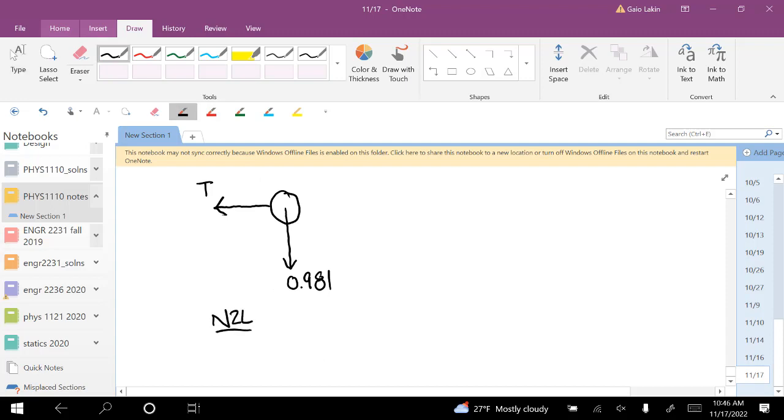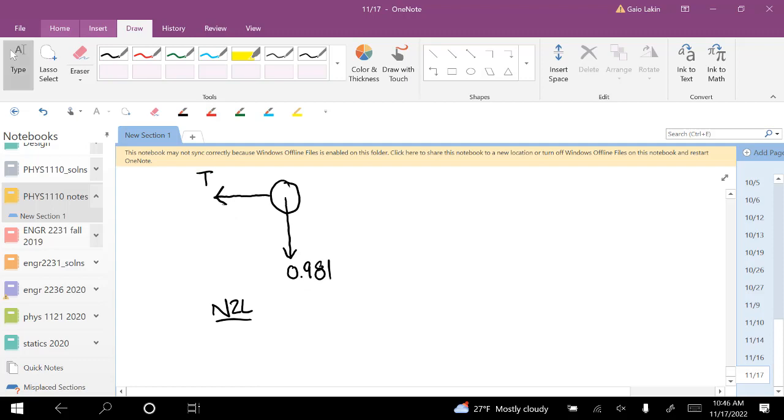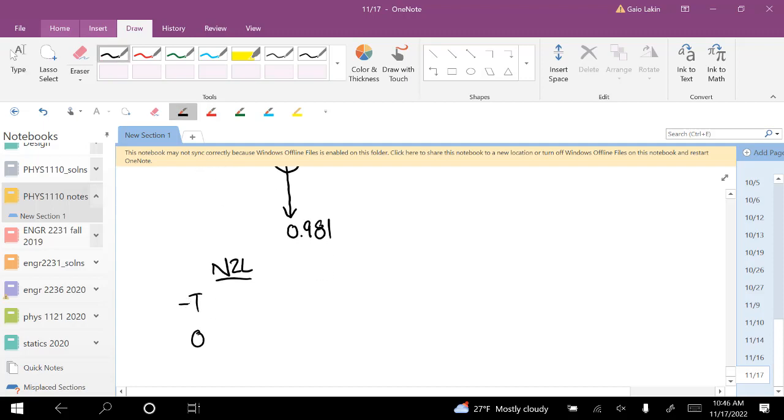So now go to Newton's second law and add up these forces. Is that T in the positive or negative x direction? Negative, so we have negative T, 0, plus, is this 0.981 in the positive or negative y direction? Yep, so 0, negative 0.981. And all that's equal to the mass, 0.1 kilograms, times the acceleration. And so we'll put in what we know about the acceleration.